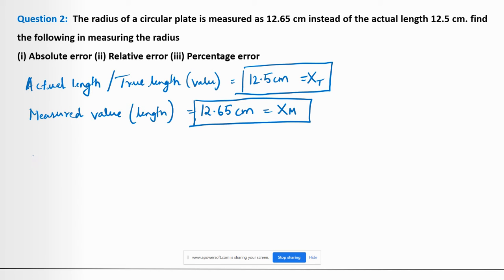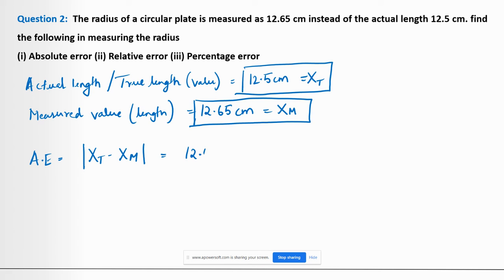Now, what is your absolute error? Absolute error is given by |xt minus xm|, right? So what is going to be the answer here? Can you guess? Yes.